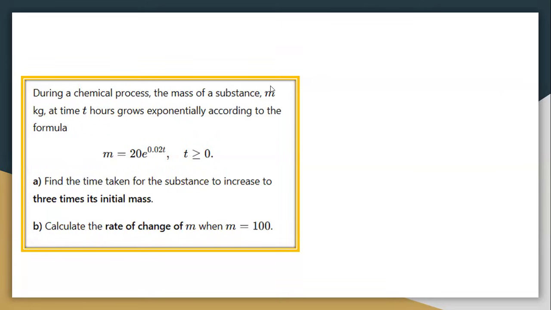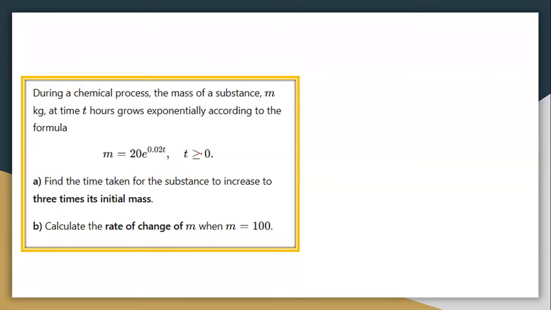Now, when you look here, they told us that during a chemical process, the mass of the substance grows exponentially according to that. Find the time taken for the substance to increase to 3 times its initial mass. Now, the first thing you always have to do, you ask yourself, what do they mean by the initial mass?